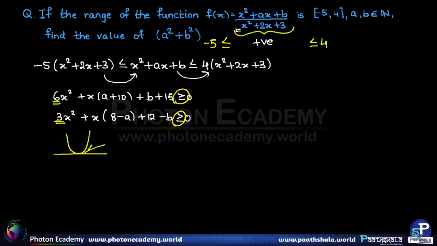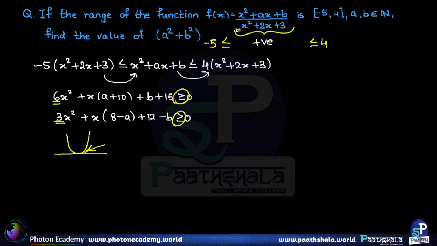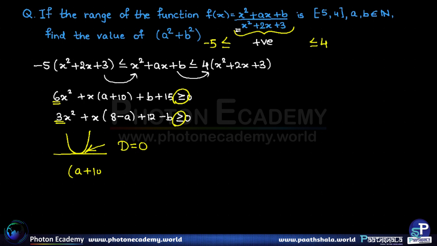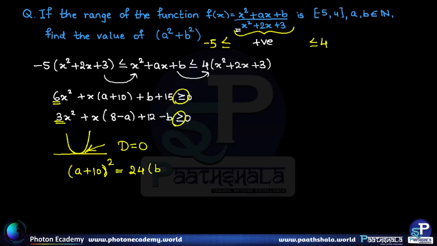That is, the parabola is touching the axis at one point. So D is equal to 0 in these cases. So this is the required condition. Applying it, we get, in the first case, b square, that is (a plus 10) square minus 4ac, that is 24(b plus 15), is equal to 0.